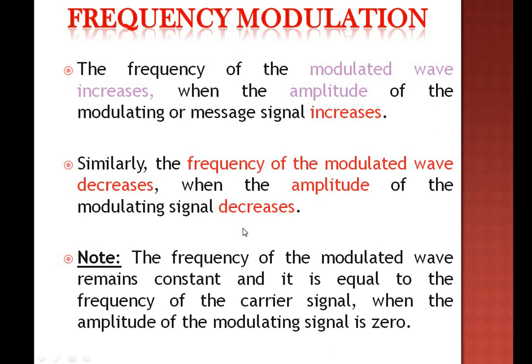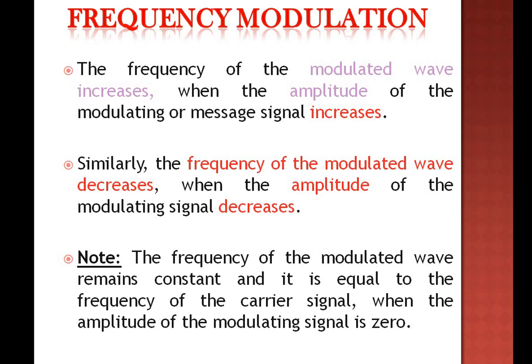Okay. Now this is an important note that you have to keep in mind. The frequency of the modulated wave remains constant and is equal to the frequency of the carrier signal when the amplitude of your message or modulating signal is 0. Suppose you do not have any sinusoidal signal, and it is 0, then what will happen? The frequency of the modulated wave will not change.